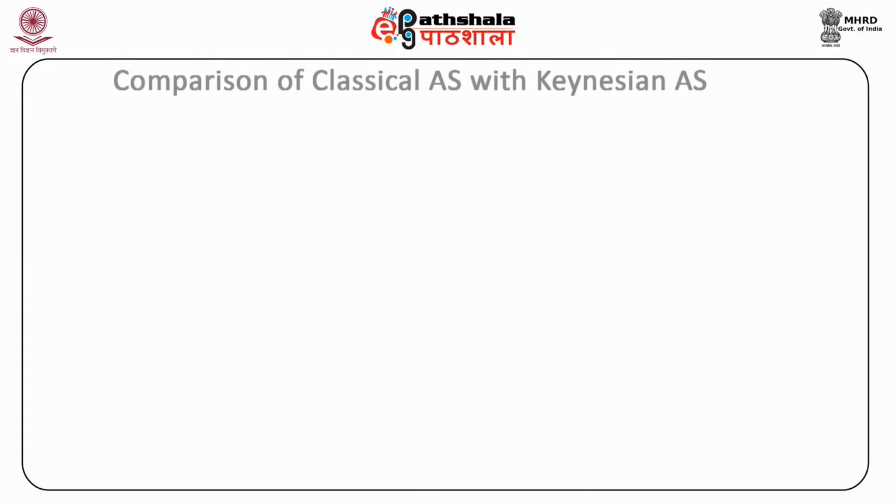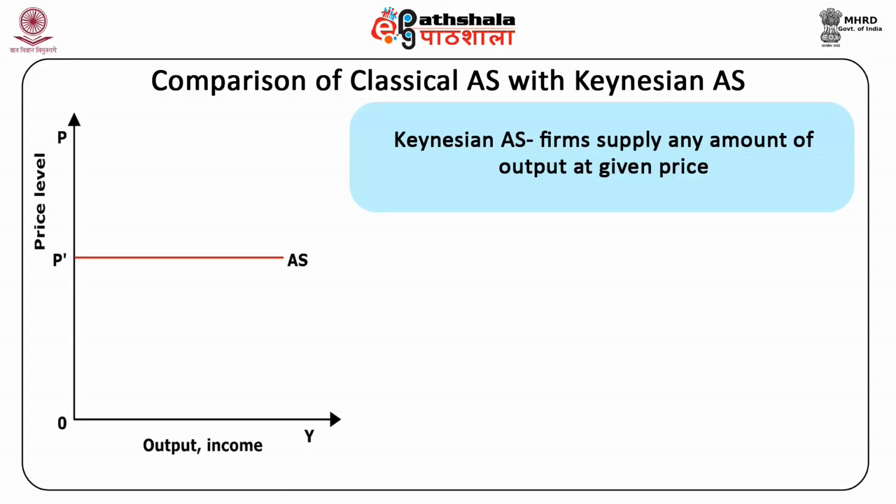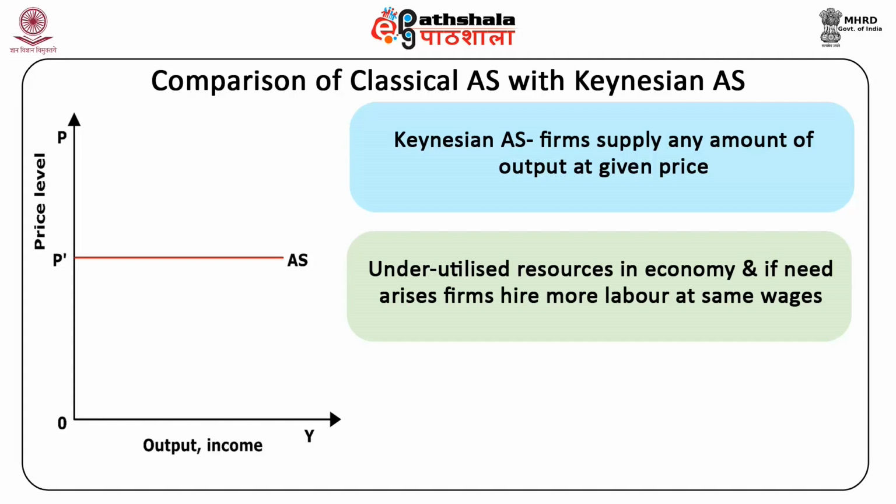Moving on to the comparison of classical AS with Keynesian AS. In Keynesian AS, we assume that firms will supply any amount of output at a given price. The intuition behind this kind of a supply curve is that there are underutilized resources in the economy, and as such, if need arises, firms can hire more labor at the same wages.